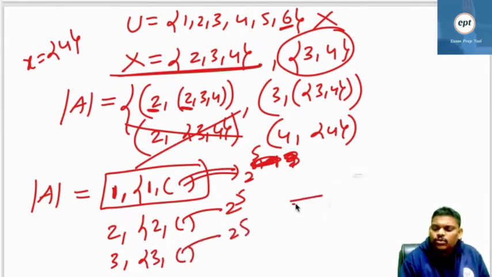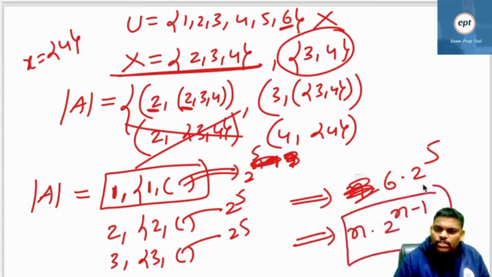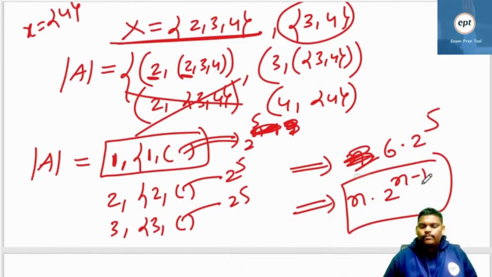So if you observe clearly, what is the answer? n elements are there, so n into 2 power n minus 1. If here 6 elements are there, 6 into 2 power 5. Please check if anyone is not getting this. For n elements, the number of subsets possible is 2 power n.